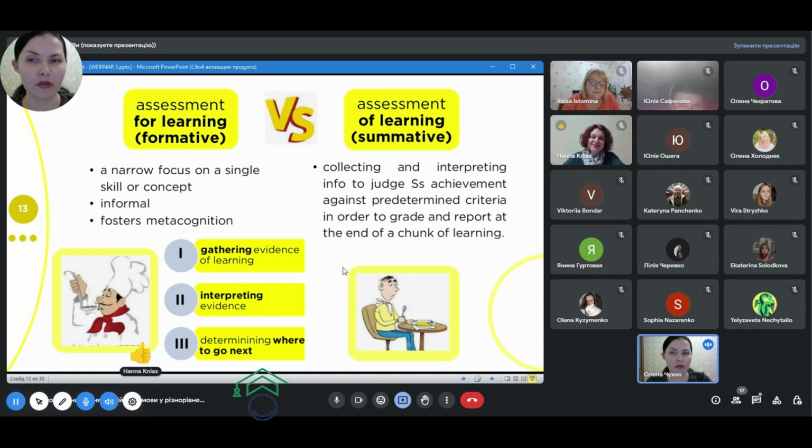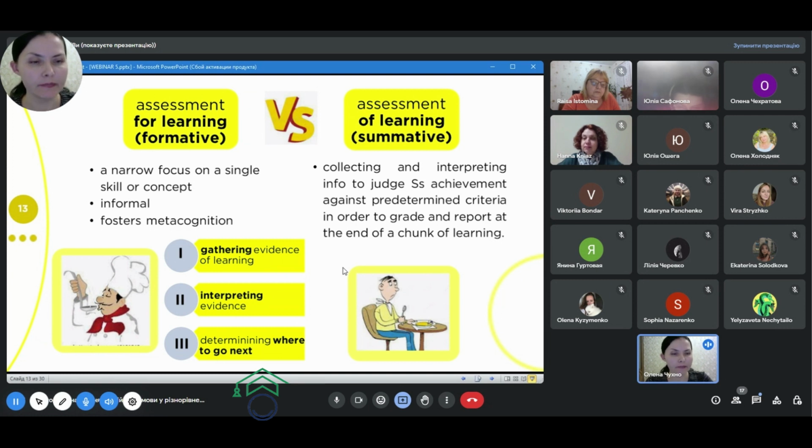And usually formative assessment is conducted in three steps. The first step, you gather evidence of learning with the help of some activities. Then you interpret this data, and then you decide where to go next. Three basic steps.